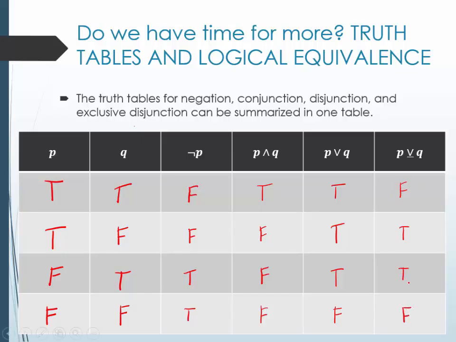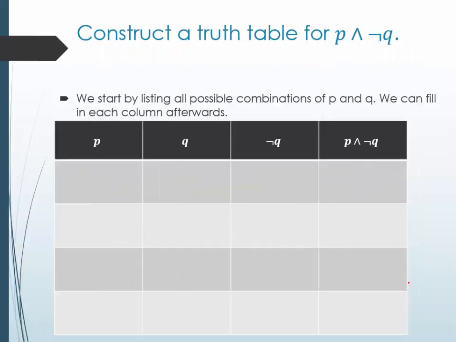There's your table of everything we have so far. This is negation. This is conjunction. This is disjunction. This is exclusive disjunction, all summarized on one table. And you can do that. You can summarize all of it on one table.